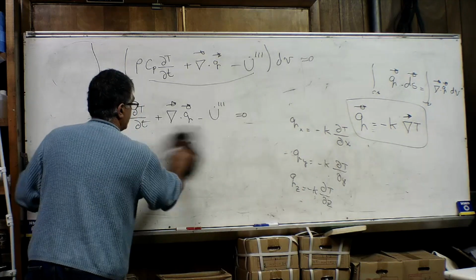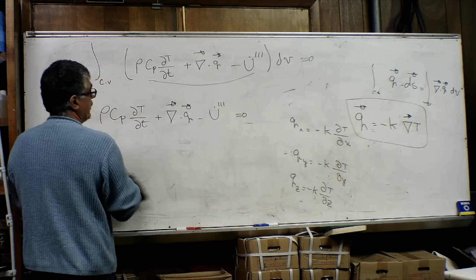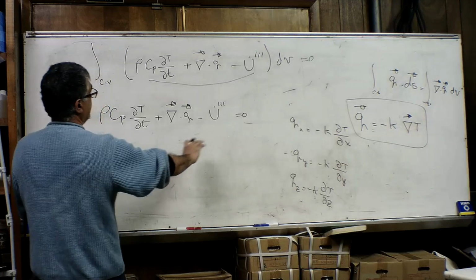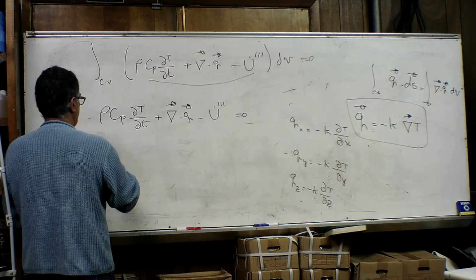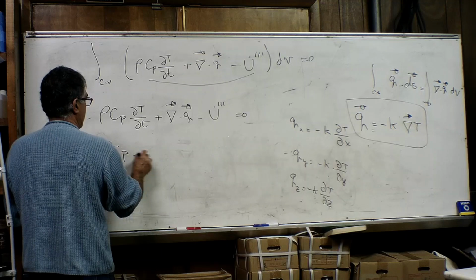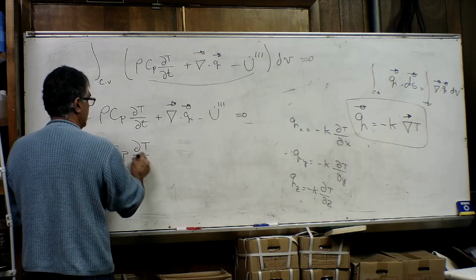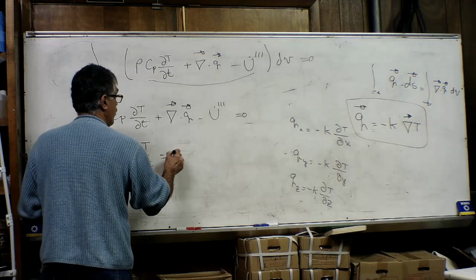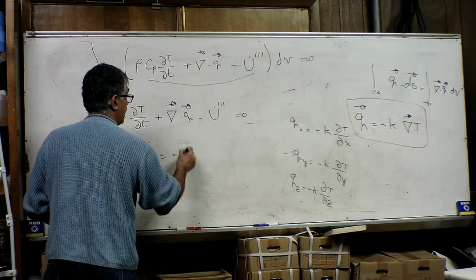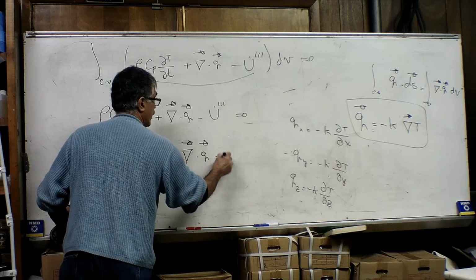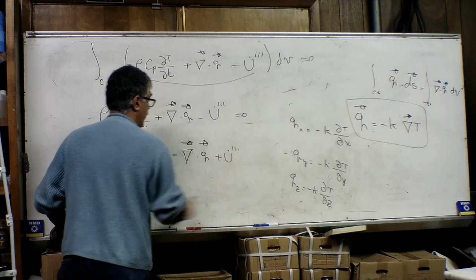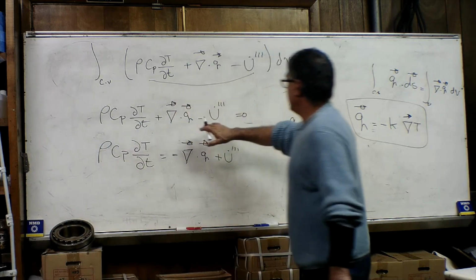Before that, let's rewrite this equation again like we had before. We write it as rho Cp partial derivative of T with respect to time is equal to minus del dot Q plus U triple prime.